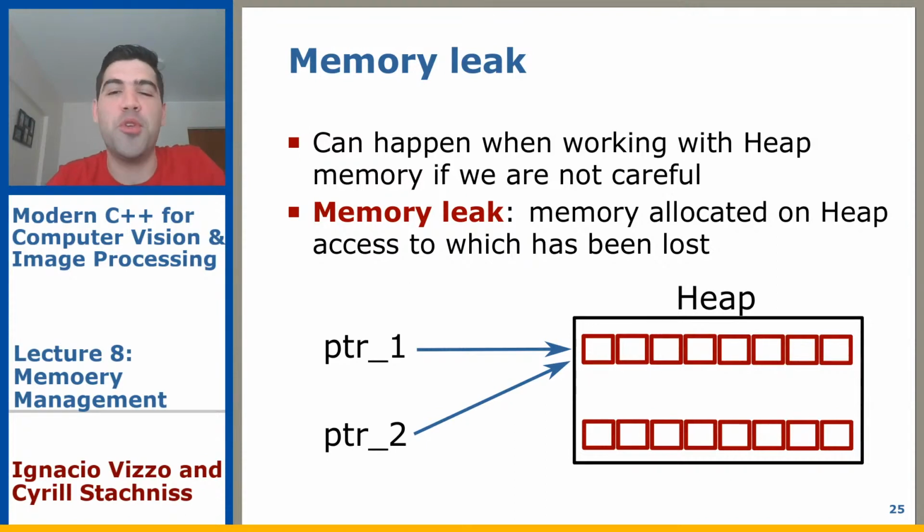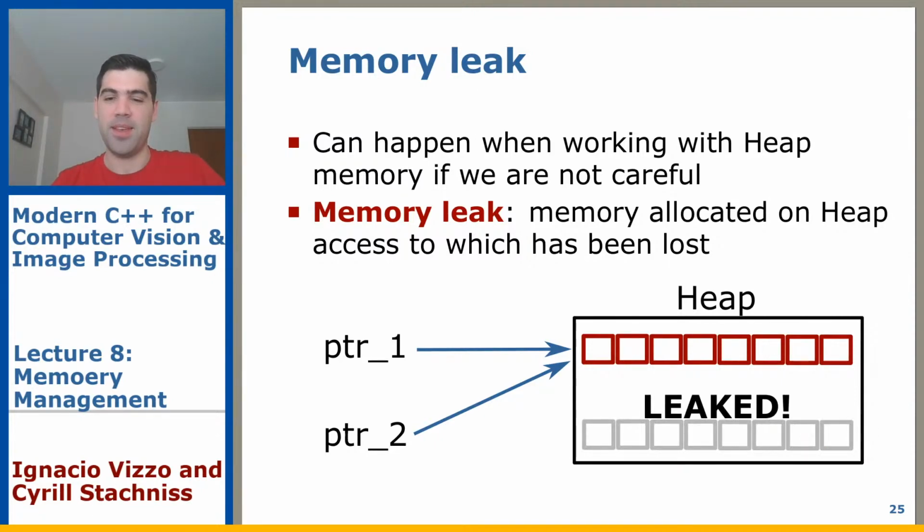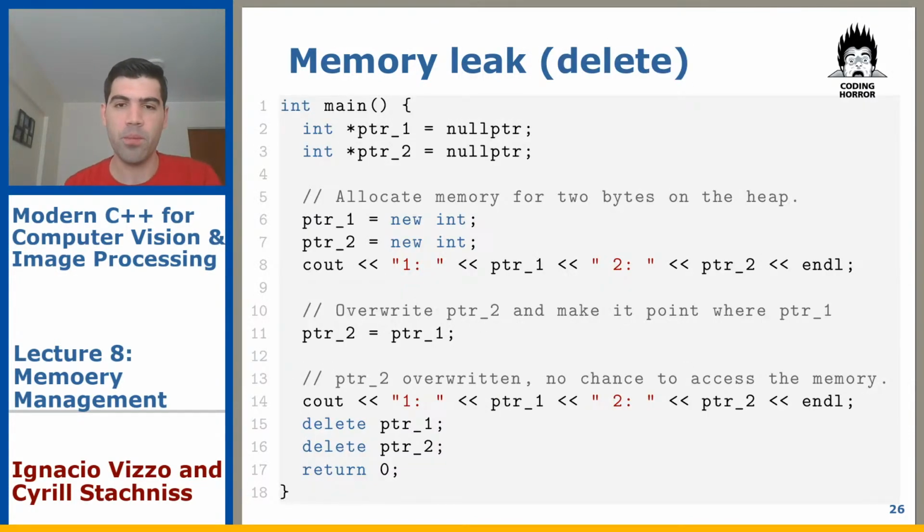That's why you reboot your machine every now and then, because there are memory leaks everywhere, and at some point your computer stops working and you just reboot it. That's Windows style. And this particular memory was leaked, so you will not be able to access it until you kill this program or the program terminates. If you're talking of the operating system, it's until the operating system is rebooted.